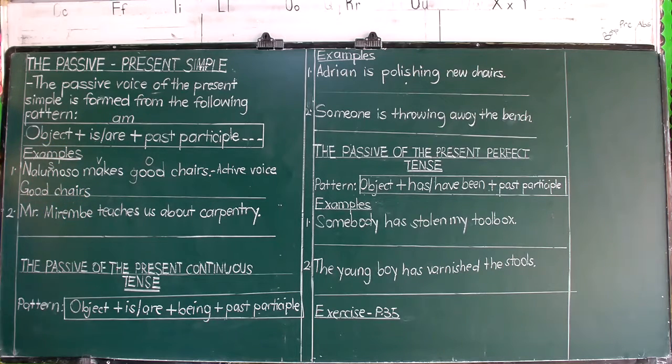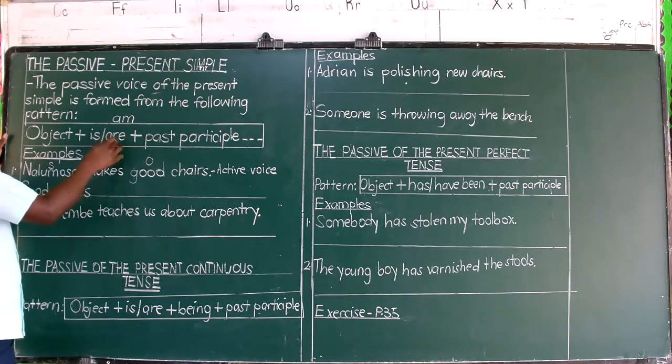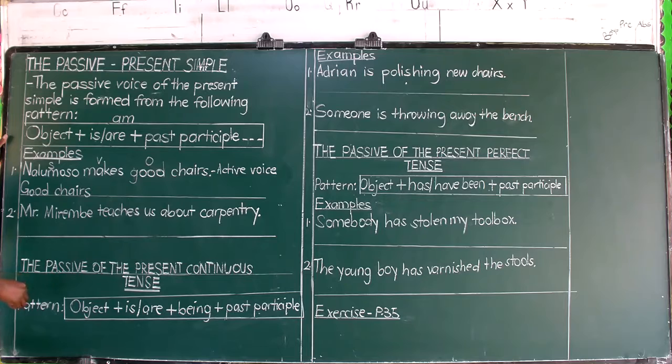Which helping verb are we using? Is, are, or am? We are meant to use, obviously, are, because it is a plural object. Good chairs are, past participle is next.